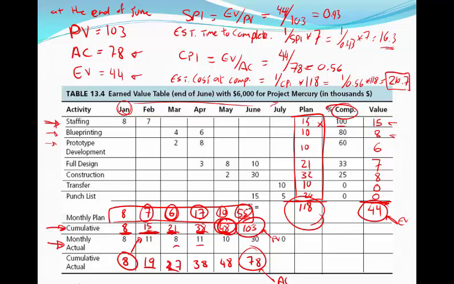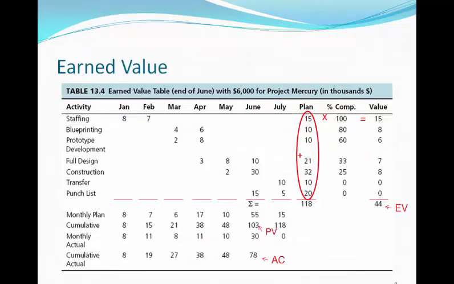So that's how you would, when given this information, go about determining your planned value, actual costs, earned value, your schedule performance index and cost performance index, and then forecasting your estimated time to complete and estimated cost to complete a project.